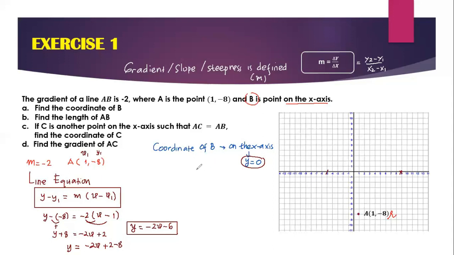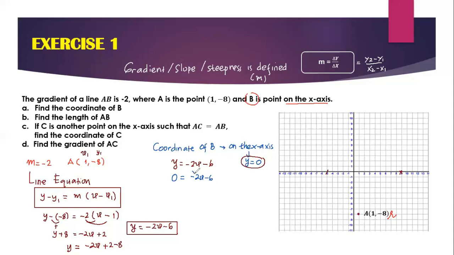Now we have the equation y equals minus 2x minus 6. And we have the information that y is 0. We just insert y equals 0: 0 equals minus 2x minus 6.